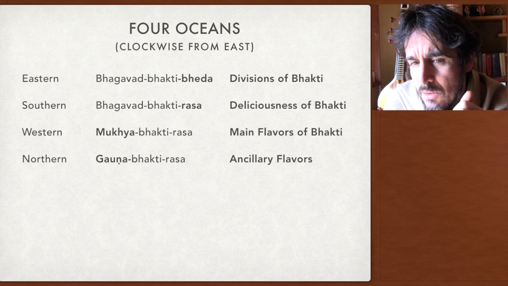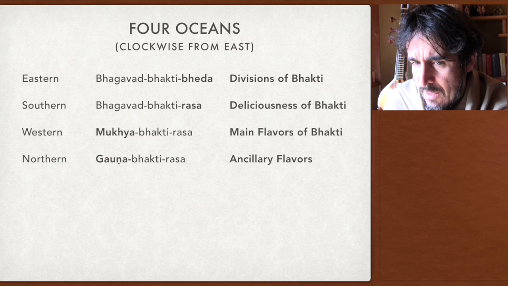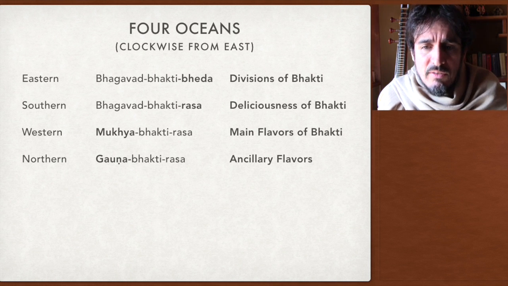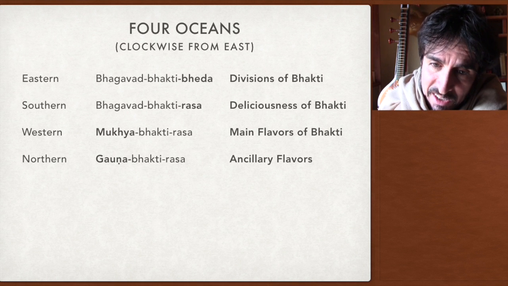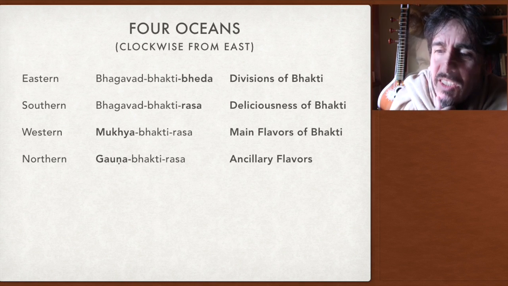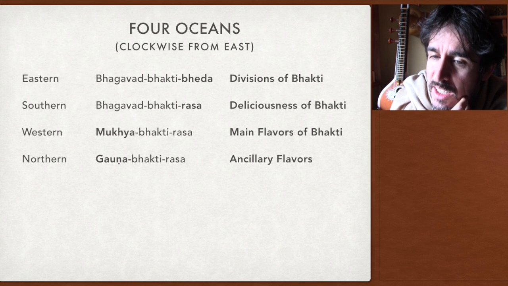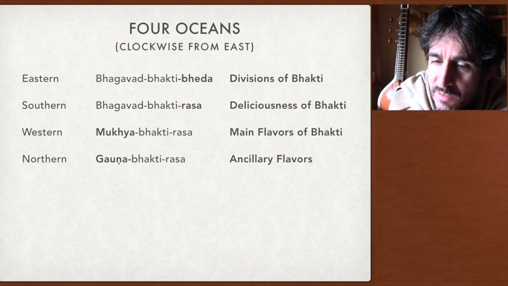They go deeper into the subject of Bhakti Rasa, so that the Western division is dedicated to exploring the main flavors of bhakti, the Mukhya Bhakti Rasa, and the Northern division, the final division, is dedicated to exploring the secondary or ancillary Gauna Bhakti Rasa. So those are the 4 major sections: Eastern, Southern, Western, and Northern, right?